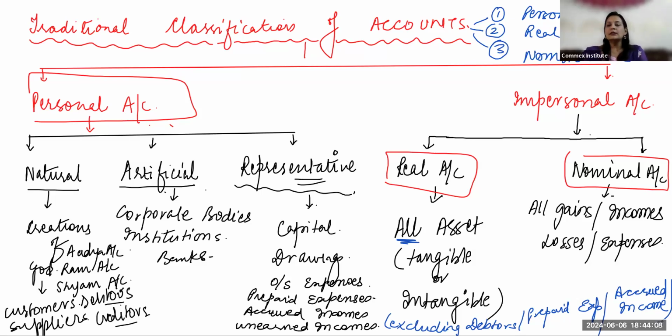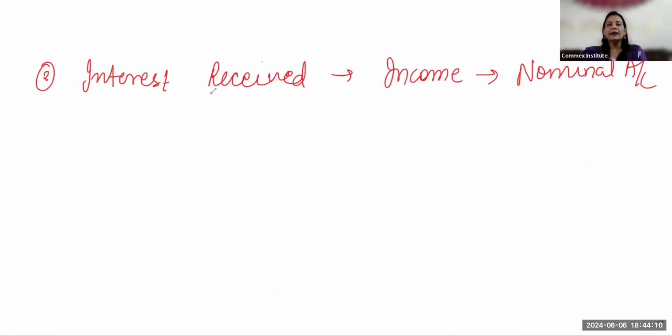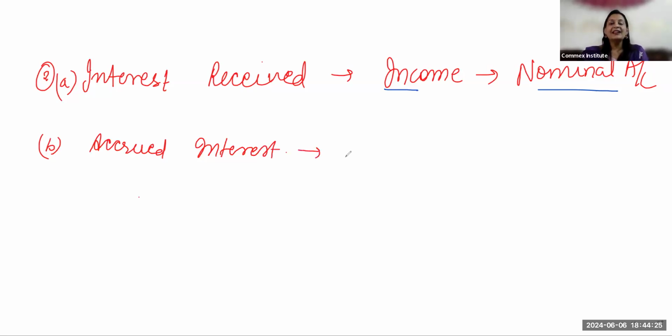ठीक है, तो जब हम बोल रहे हैं इंटरेस्ट रिसीव्ड, तो ये इनकम है, तो ये नॉमिनल अकाउंट. अगर मैं बोलूं अक्रूड इंटरेस्ट, then it will become personal account, क्योंकि वो representative account बन जाएगा, तो ये personal account. तो अगर कोई भी income है, okay, income है या expense है, loss है या gain है, it will be nominal account.